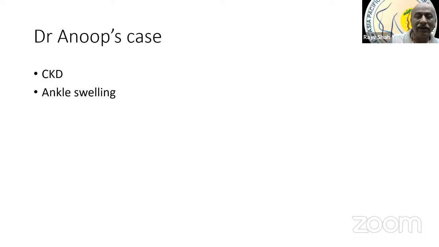And then Dr. Anoop's case, CKD with ankle swelling, and he had sent the pictures also. I want to know whether this patient is diabetic or not, because he is a chronic renal, CKD patient. Is he having diabetes, Dr. Anoop? Are you with us?